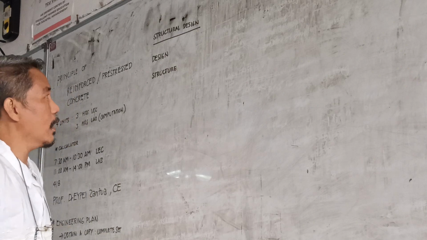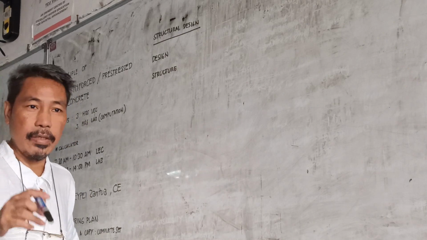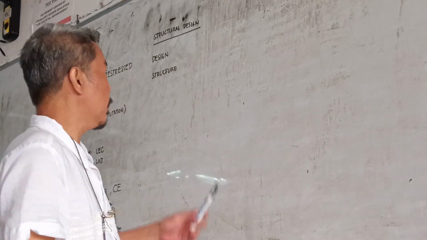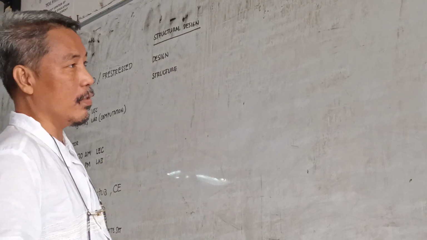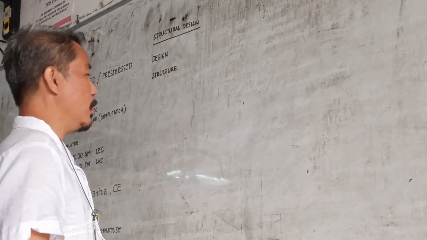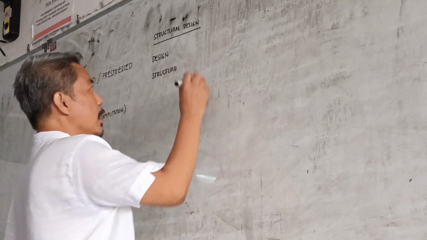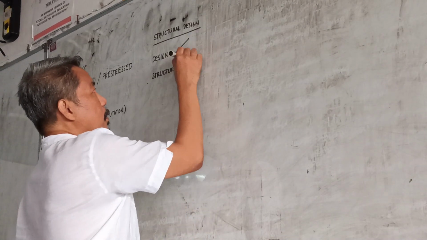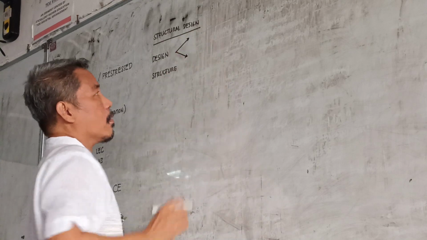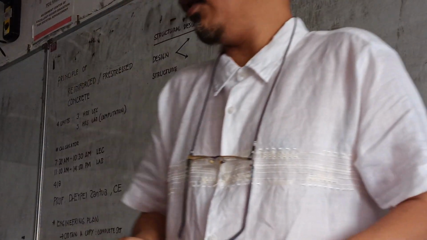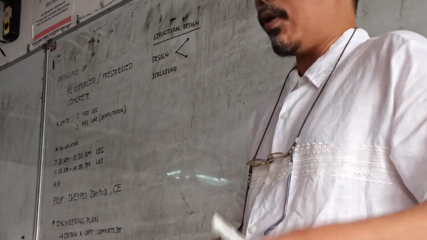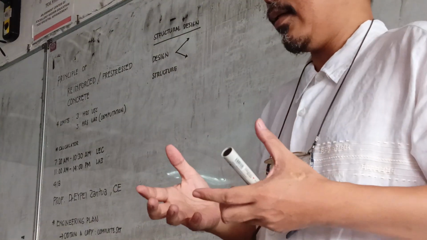Okay? So there are two major words here: design and structure. What do you mean by design and what do you mean by structure? So first, design. Design is actually the application of all the engineering principles so that we can produce a product.